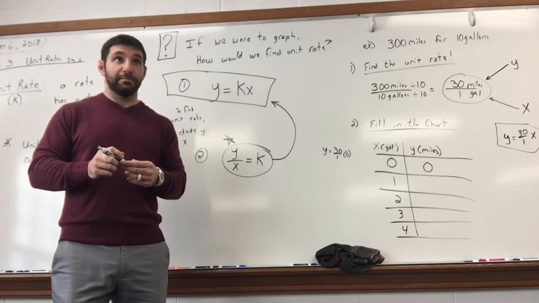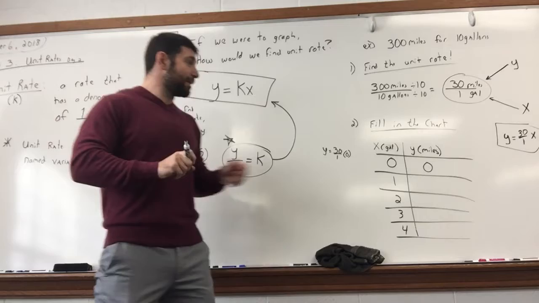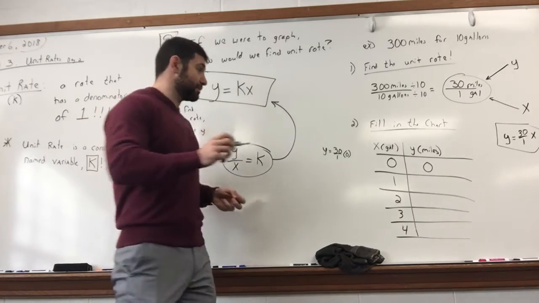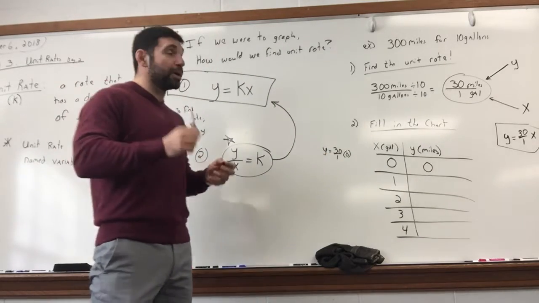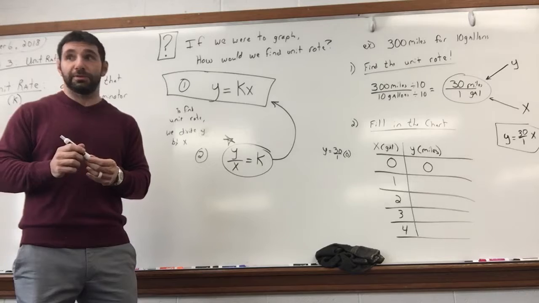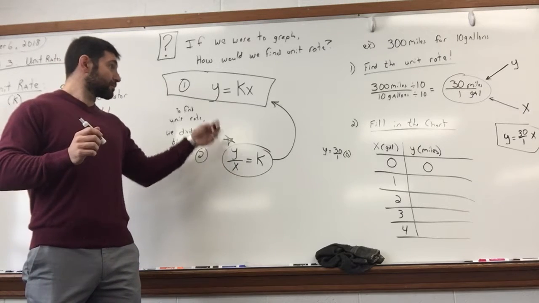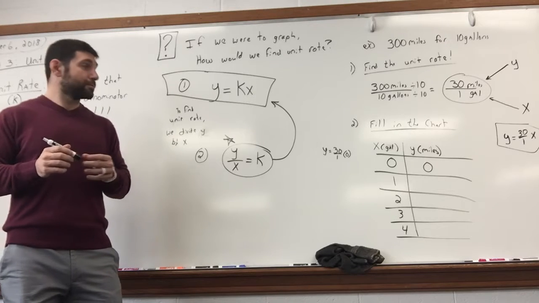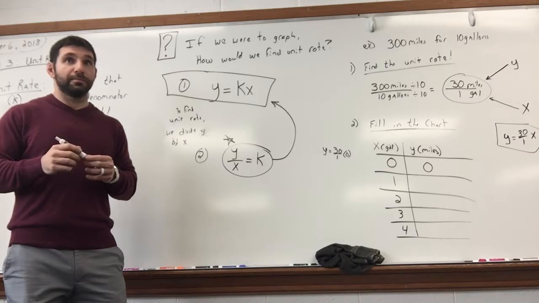Okay. What equation do you think I'm going to use to find out how far I go for 1 gallon of gas? What are we going to do? Okay, so that's the right mathematical operation. What equation am I going to use? Are you going to use y equals kx, or y divided by x equals k? We're going to use equation 1 or 2 on the board. Which one did we use before?